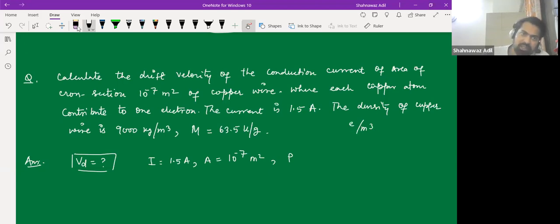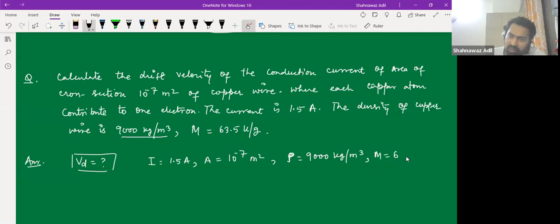So this is mass density. Rho is given, which is 9,000 kg per meter cube. This rho is not resistivity; this is the density, right? And atomic mass is given, which is 63.5 grams.